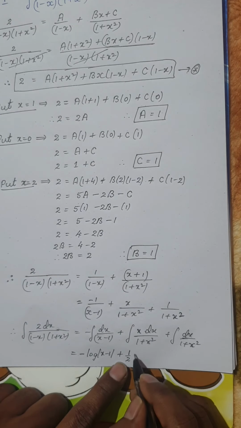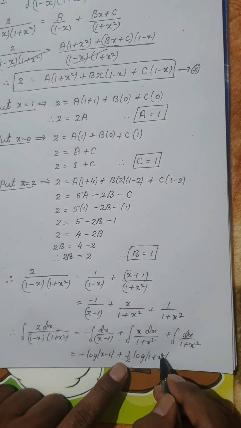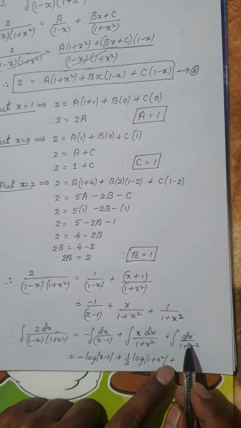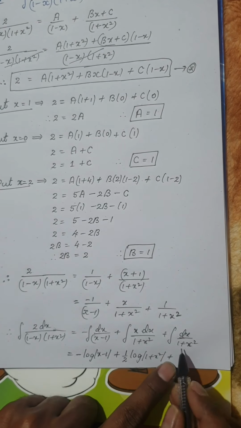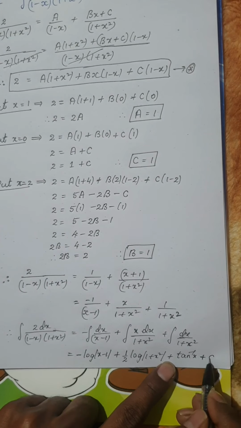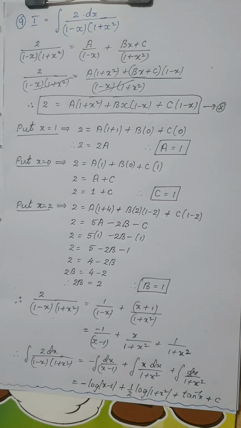So I have taken the half outside, and it would be half of log of mod 1 plus x square, plus you can see here integral of dx divided by 1 plus x square is nothing but tan inverse x plus c, which is the constant of integration. Right, so this would be the final answer for the above given integral.